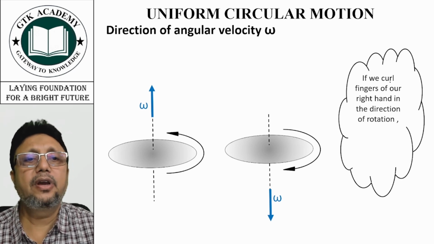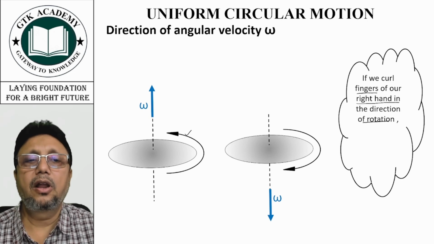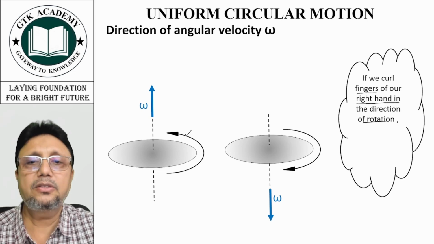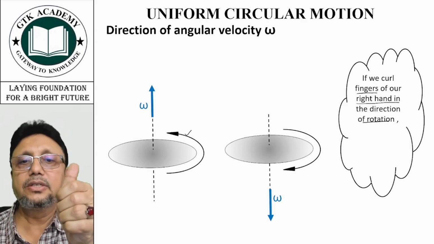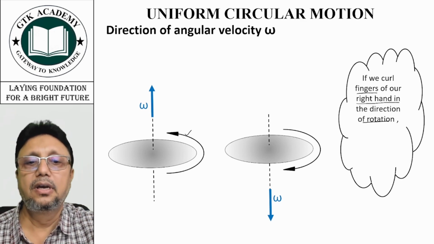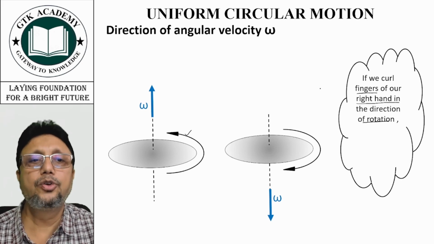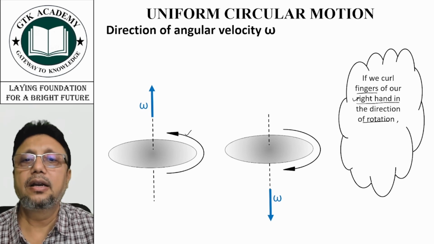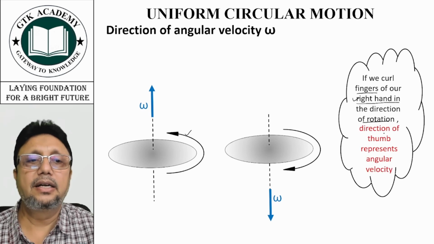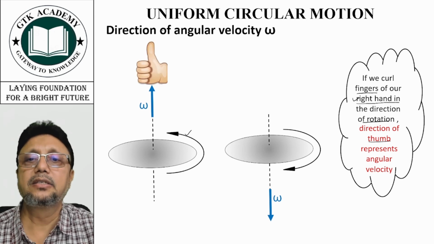It says that if we curl fingers of our right hand in the direction of rotation, say this is the direction of rotation here. Now if we curl the fingers of our right hand like this, and that too in the direction of rotation, and it should be right hand, not left hand, then the direction of thumb represents the angular velocity like this.